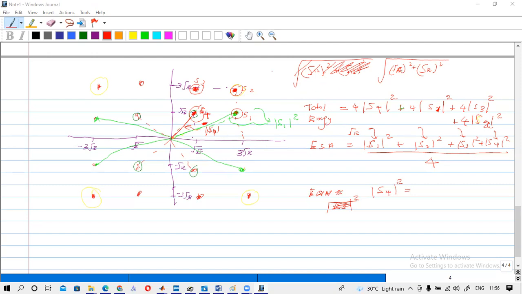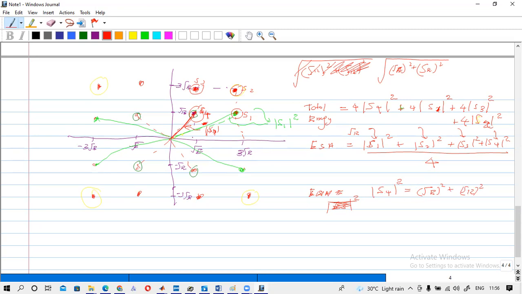I'm not sure about the decimal value, I think it will be a round value. If you consider this point S4, what is the magnitude of this line? By the Pythagoras theorem, you will have root 3E and root 3E. We don't need to take the square root, because we want the square.